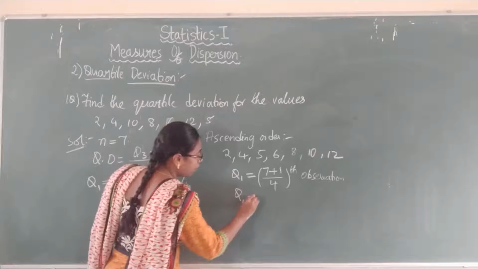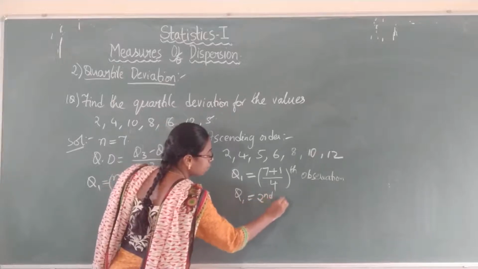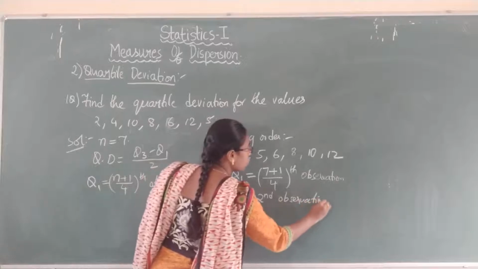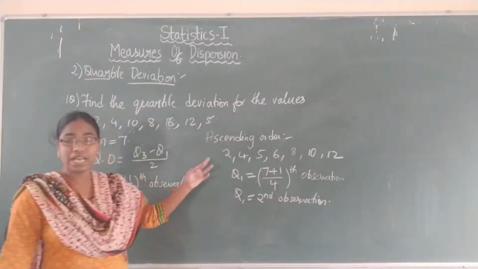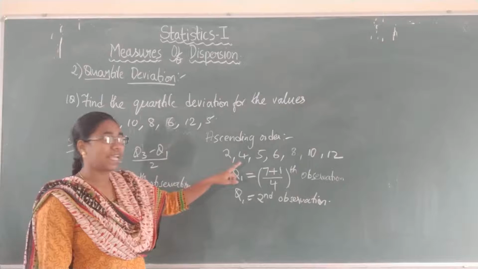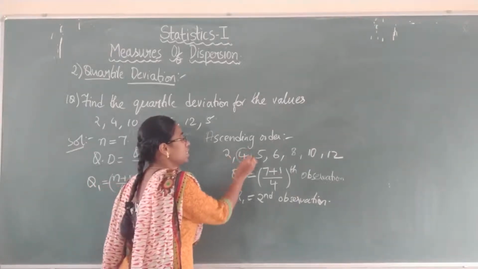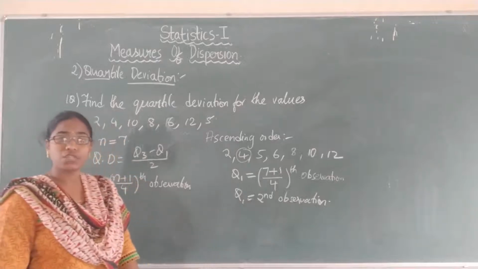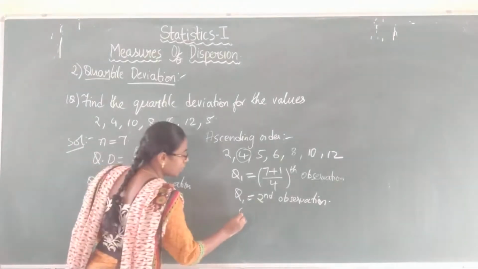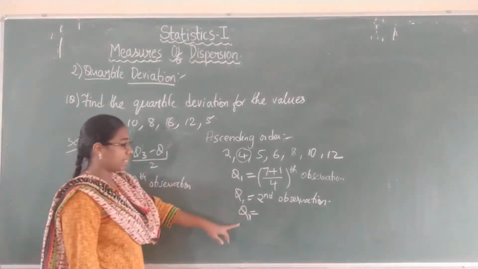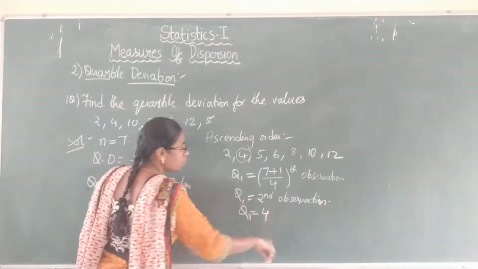So Q1 equals the second observation. If you observe in the ascending order, this is the first observation and this is the second observation, that is 4. So the second observation, 4, is the first quartile, that is Q1 equals 4.